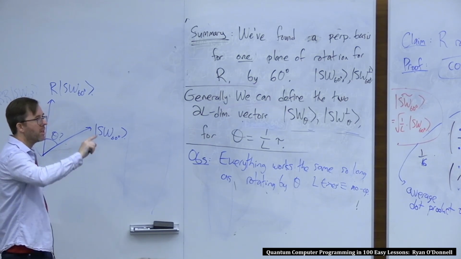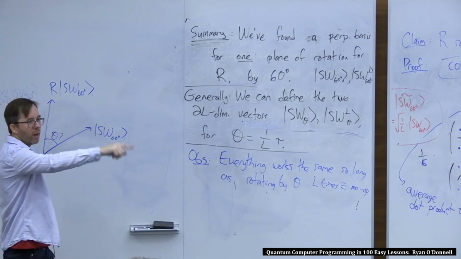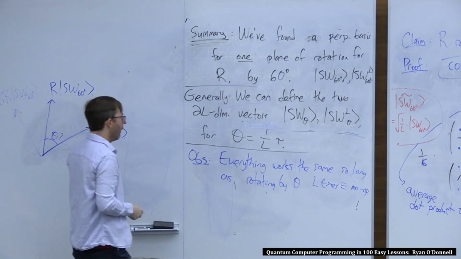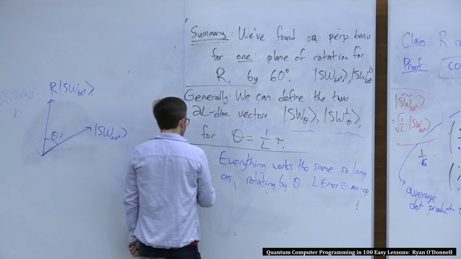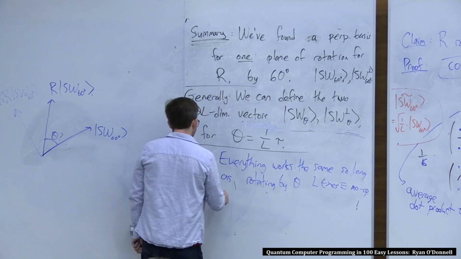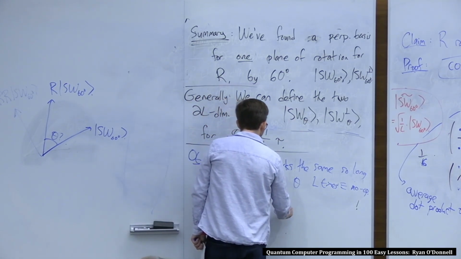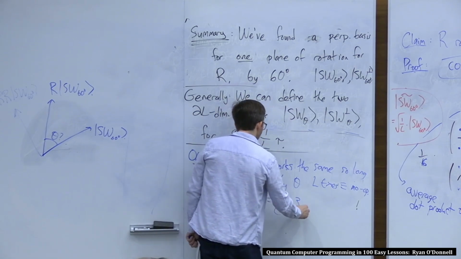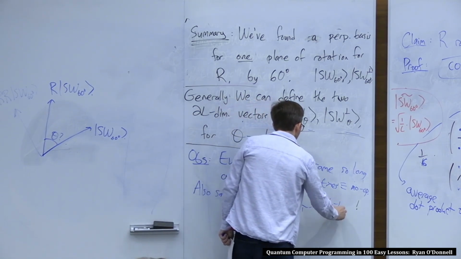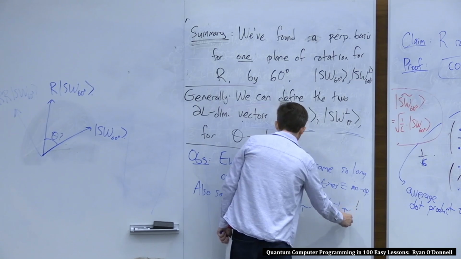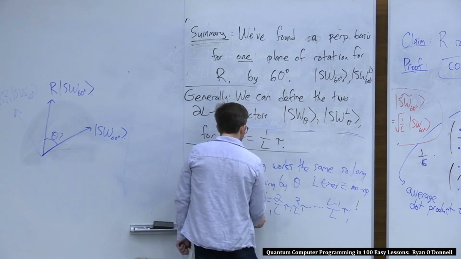If you do that L times, yeah, eventually you go around the circle twice, but you get back to where you started. So also the same for theta being 2 over L of a circle, 3 over L of a circle, L minus 1 Lths of a circle, and actually also 0.